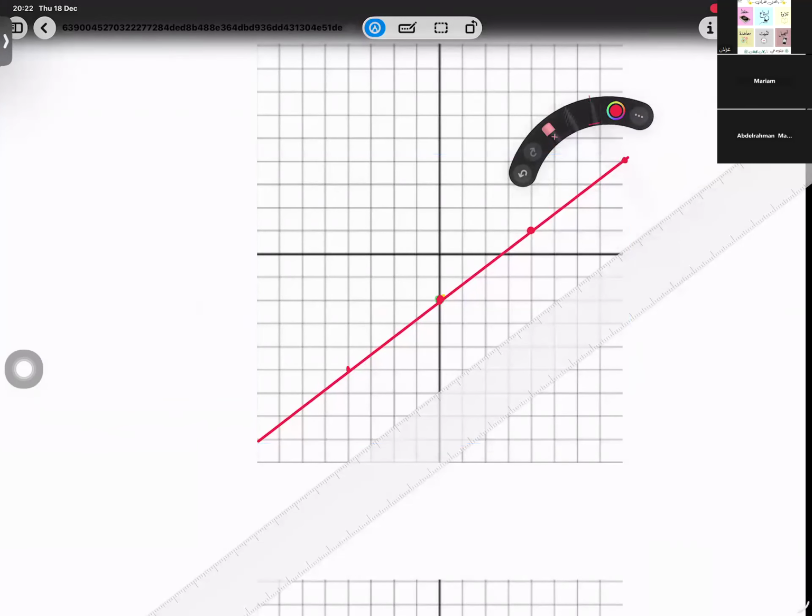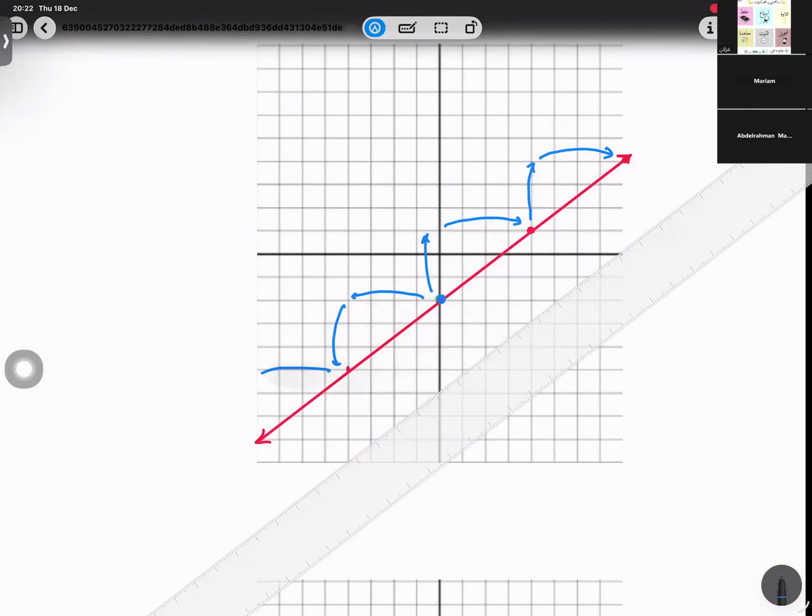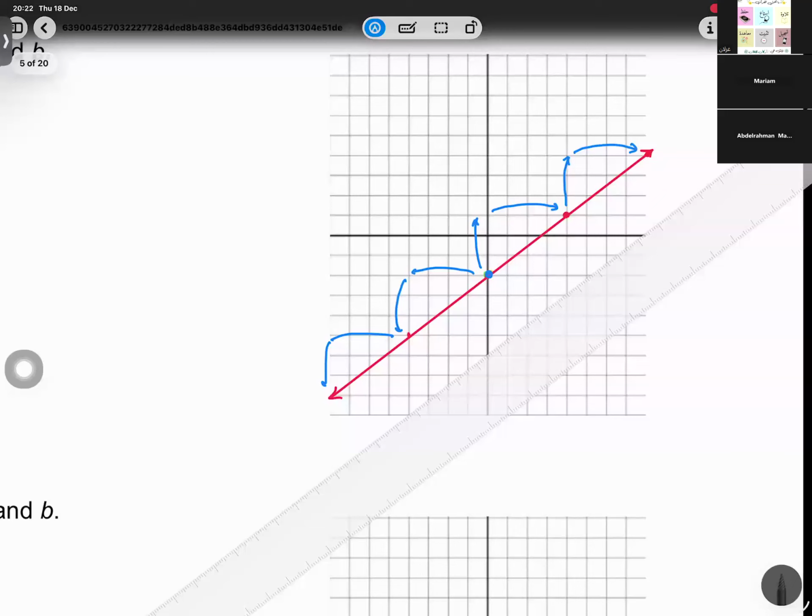For example, we moved from here 3 up and then 4 right. You can repeat this movement many times. And the opposite: 4 back and 3 down. So do you notice when you add a lot of points, it will be more accurate.